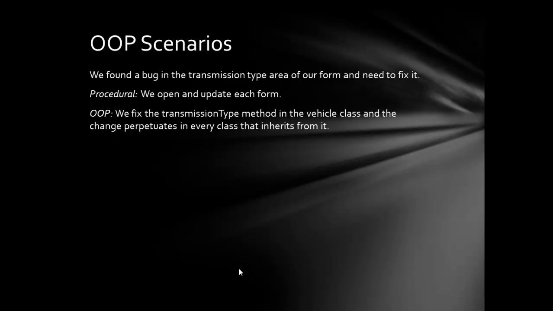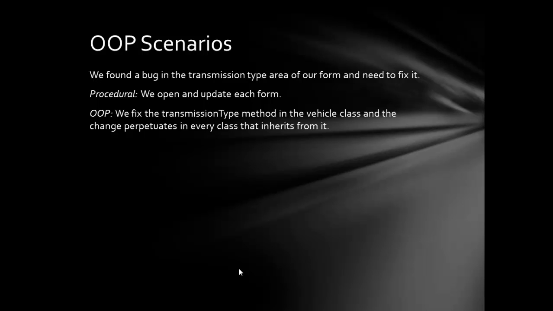Now, none of us are ever going to program a bug, right? Unfortunately, the bugs are a necessary evil, I guess. Sometimes we find bugs because we're human and we make mistakes. So let's say we find a bug in a transmission type area. Well, procedurally, we would have to go through each spot where we do that. The cars, the trucks, the buses, the Nissan, the Mazdas, and we would have to update each form, each code, and all that.